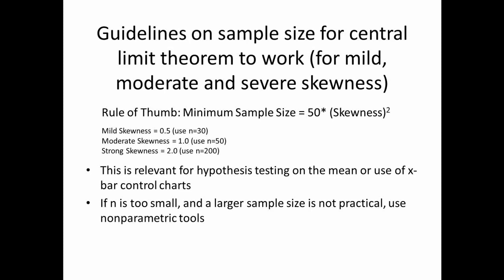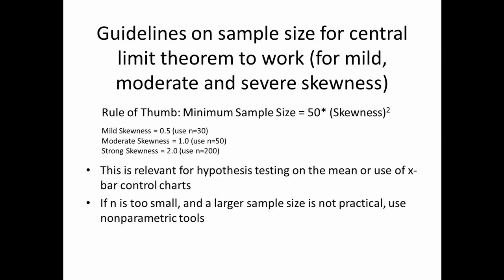It says that in order for the Central Limit Theorem to work, or for your data to be close enough to normal for the hypothesis test to still work reasonably well, you need a minimum sample size of 50 times skewness squared. So if you have mild skewness, and by mild I mean a skewness of less than or equal to 0.5, then you need a minimum sample size of 30.